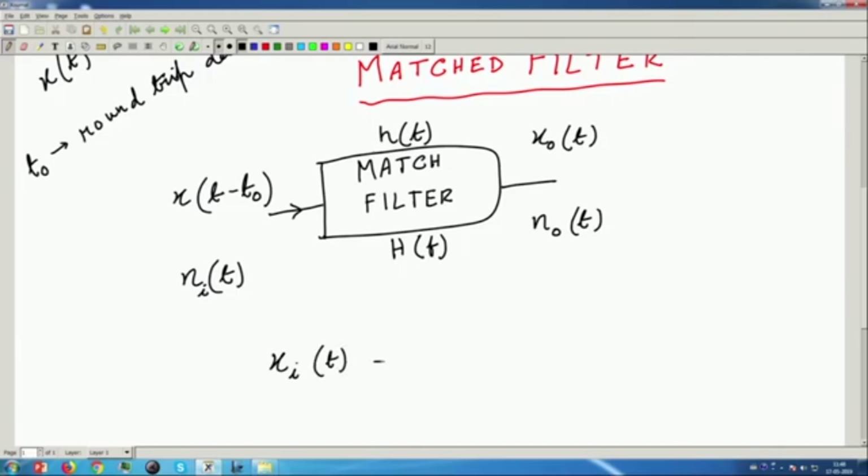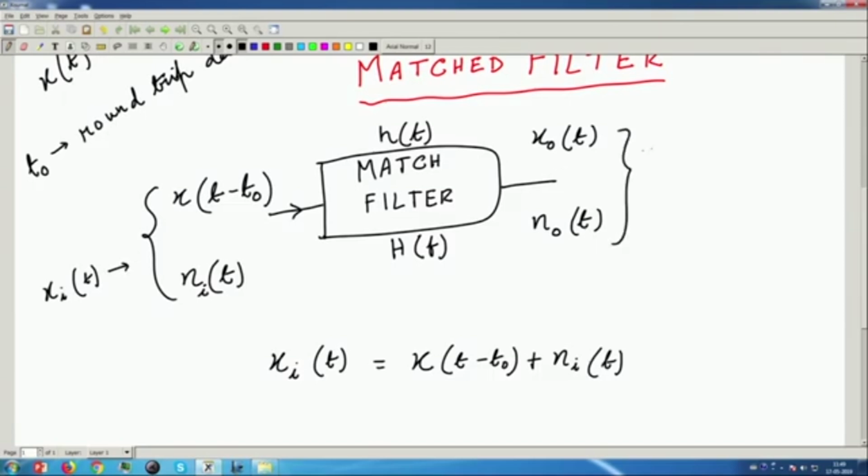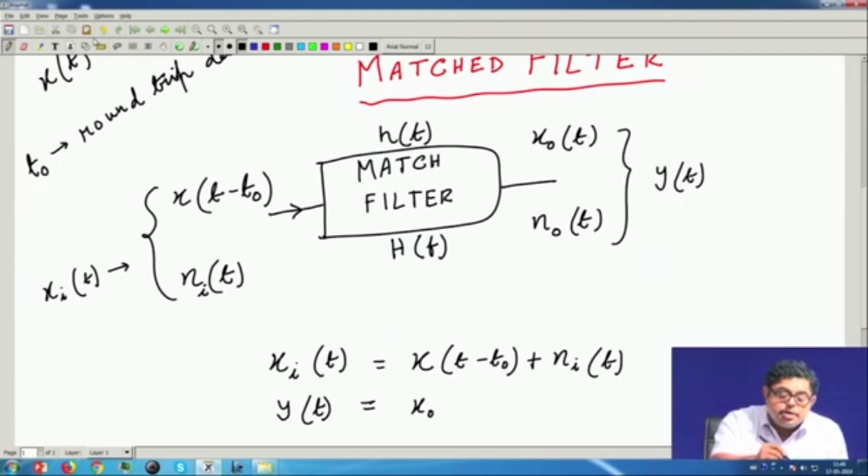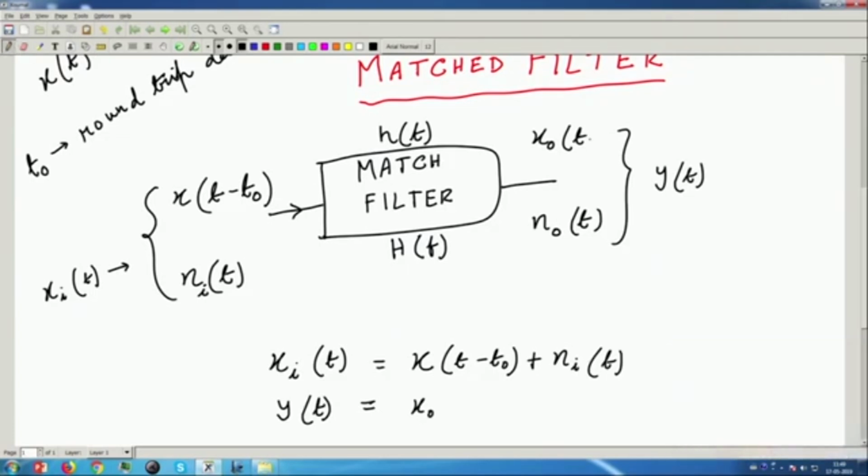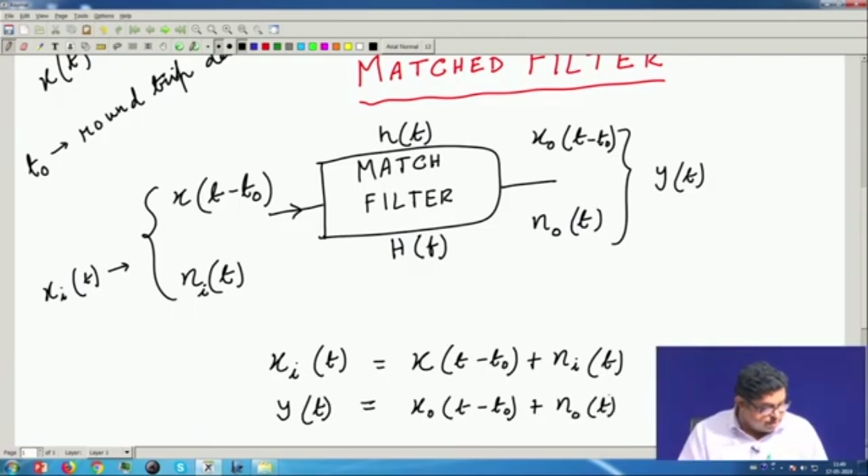These two together I will call x_i(t), that is actually x(t minus t0) plus n_i(t). And the output, these two again together will be a sum, so I am calling it y(t), the output of the matched filter. So, y(t) is x_o, and this will also be delayed, so I should write that as t minus t0, plus the sample value of n that I am calling n_o(t).